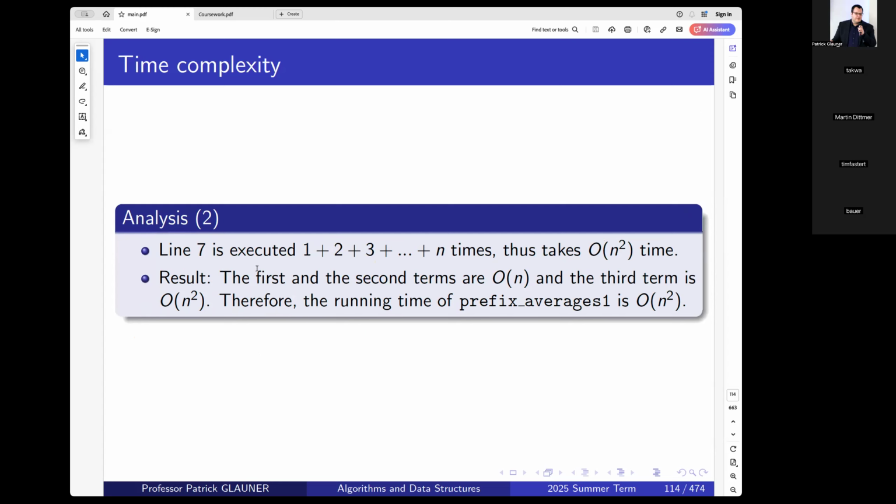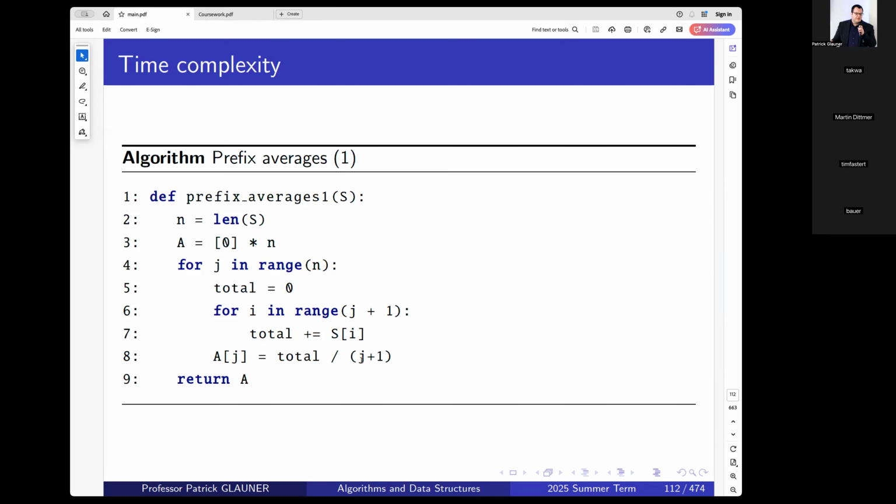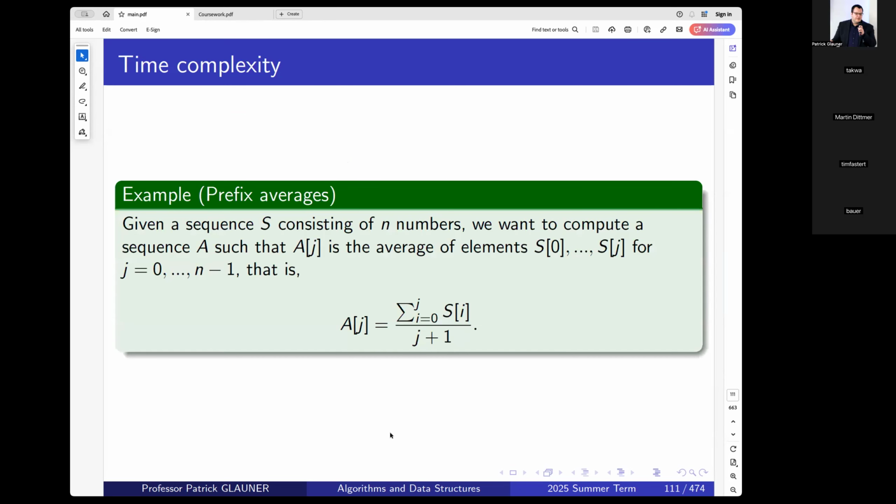And eventually we saw the only thing that matters in our O analysis is the largest term. So we would say our prefix average 1 is O of n squared. And what we have done in prefix average 1 is we've just implemented our equation.